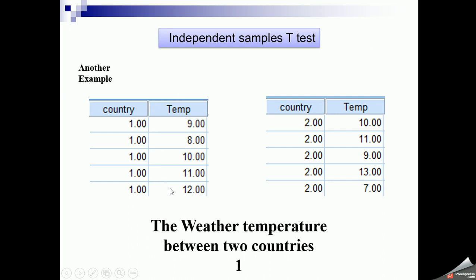So we have taken 5 days of temperature at a specific time, let's say 12 at night, so it's reasonable because there's no sunshine. So this is the first sample and the second sample.